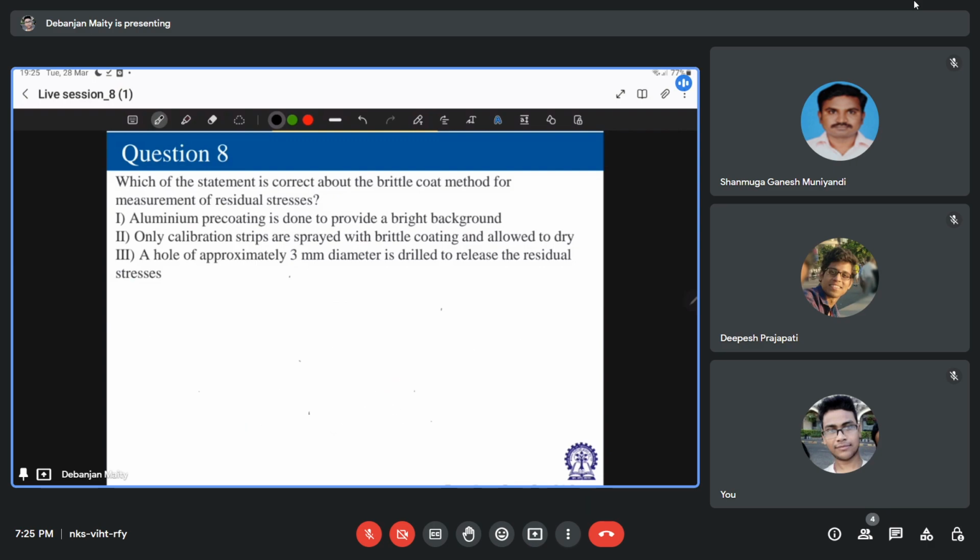In XRD, you'll have some camera over here, and then you can have some film kind of thing, and here your X-ray is incident. So we call it an incident beam, and then you have your samples, right? You have your samples.